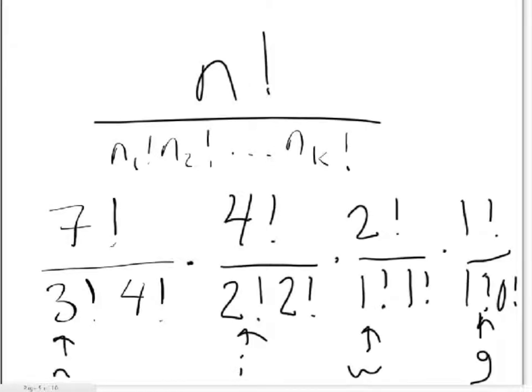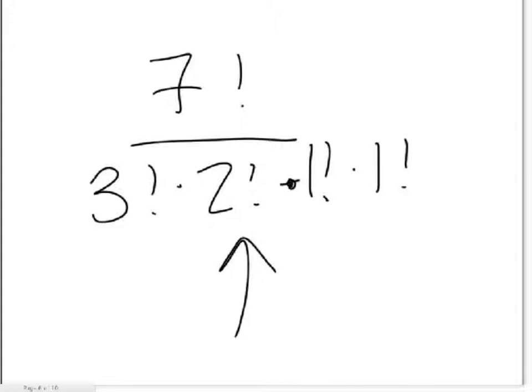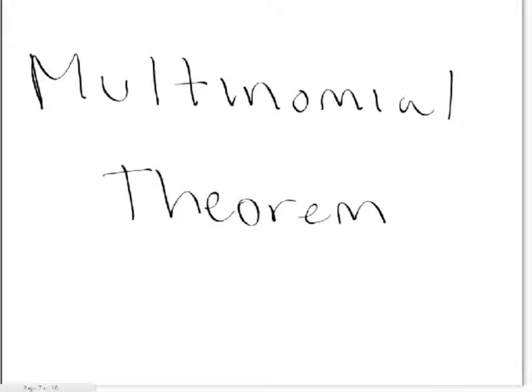So you can cancel these out, and this equals 7 factorial over 3 factorial times 2 factorial times 1 factorial times 1 factorial. So that is the equation for winning in the possible combinations. Alright, so Max is now going to do the multinomial theorem.